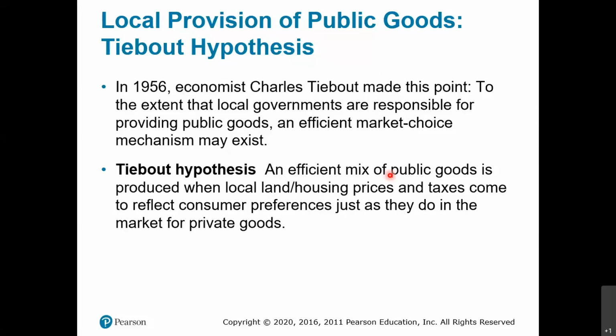The idea of the Tiebout hypothesis is people vote with their feet, depending on what they want. If you live in Oregon and want high public good provision, go to Portland. If you want low to no public good provision, go to Josephine County. If you want something in the middle, go somewhere in the middle.